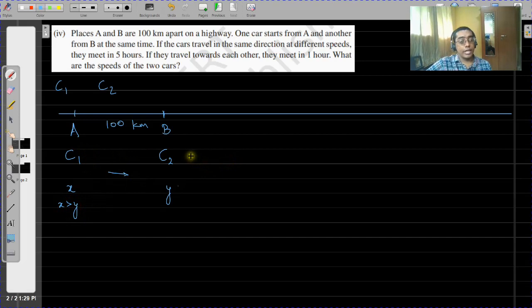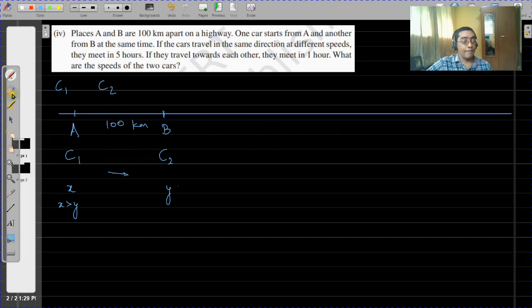Now what is said is they both travel in the same direction and they meet because car 1 is faster. So it meets car 2 after some time, even though they start off from two different points.